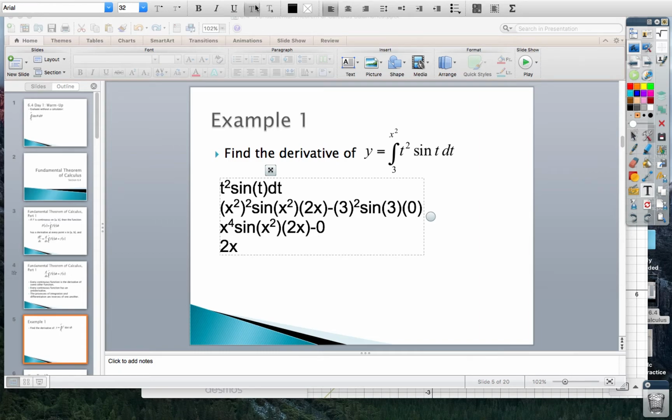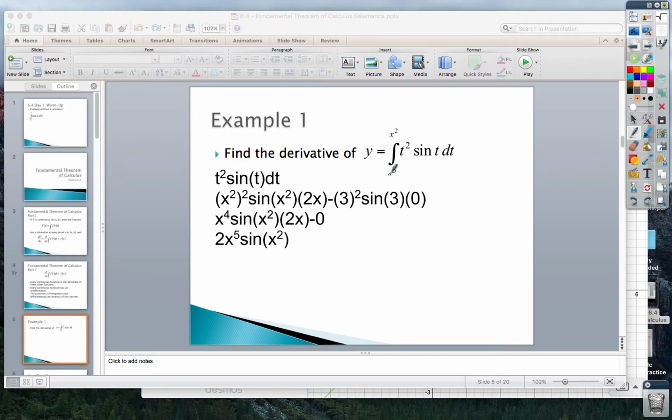And finally, you have 2x to the 5th sine of x squared. So hopefully that worked out. Remember, all we did was substitute the lower limit and the upper limit, and find the derivatives of each, and that's how we got our answer.